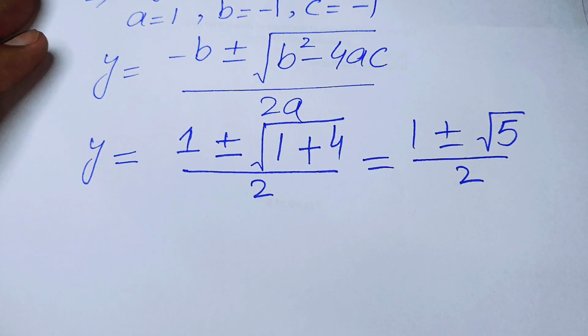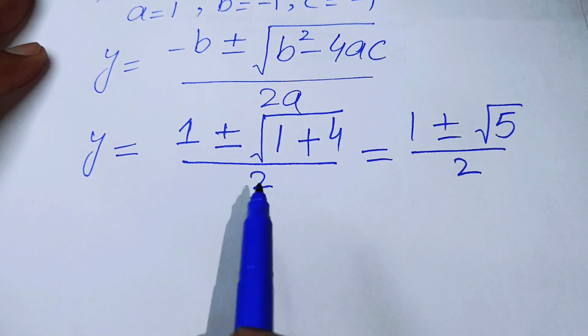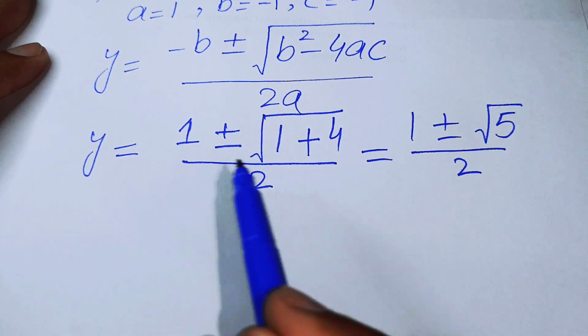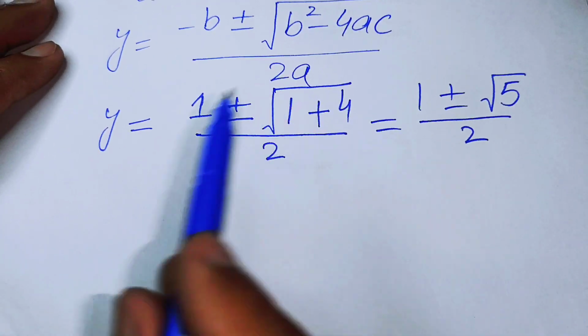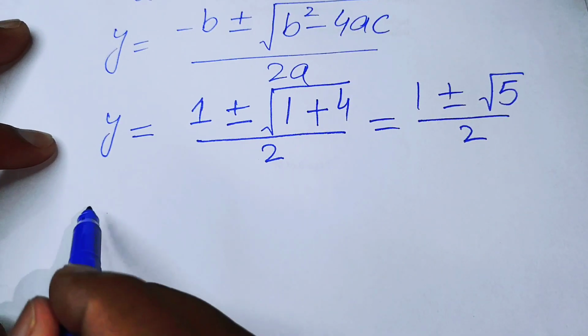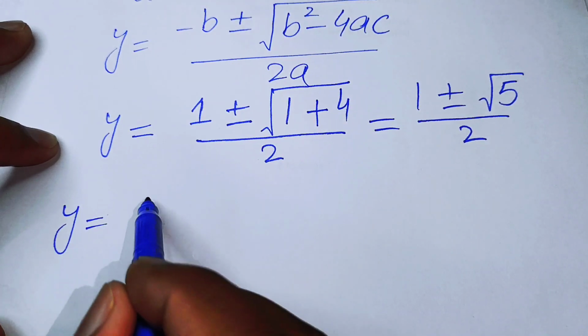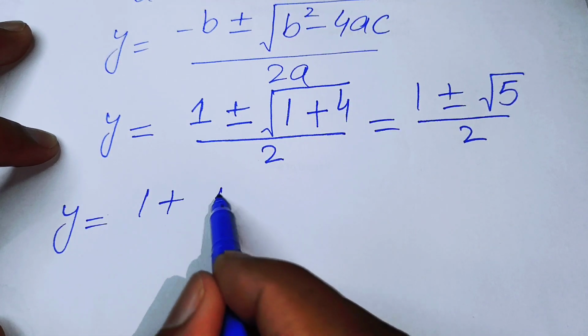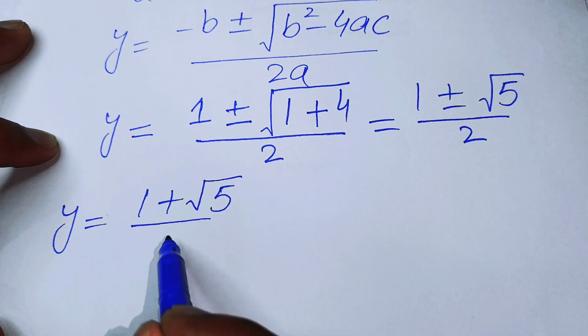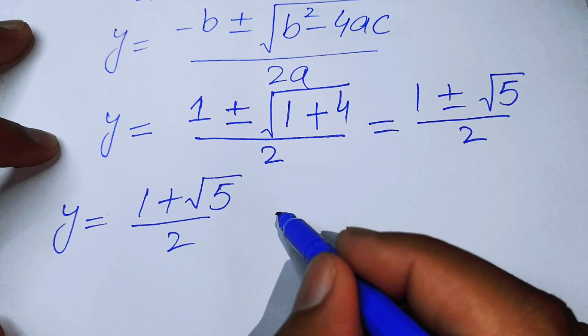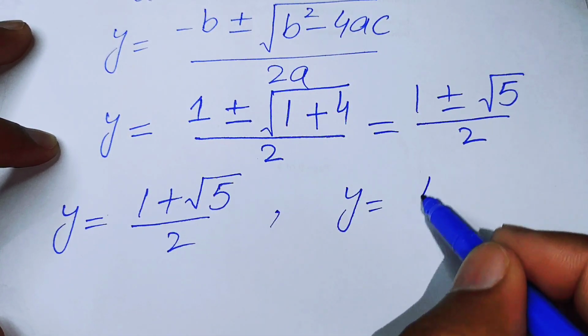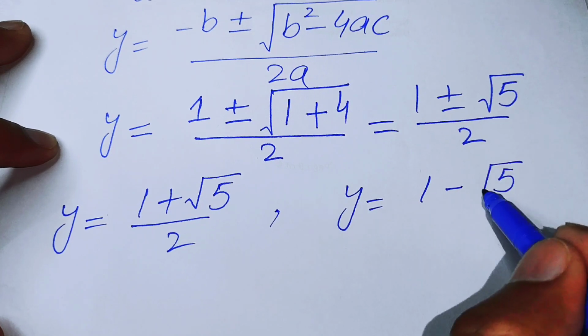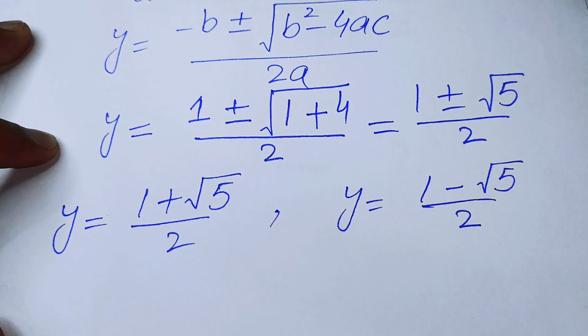And here we have two cases. The first is we take the positive term, and the second case we take the negative term, so that y is equal to (1 plus square root 5) over 2, and the other case is y is equal to (1 minus square root 5) over 2. Now we put back the values of y.